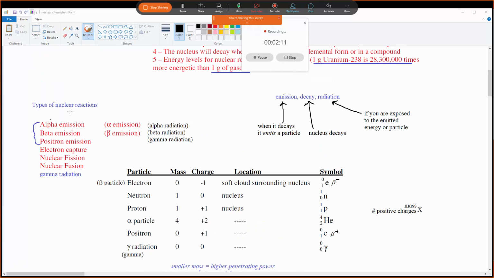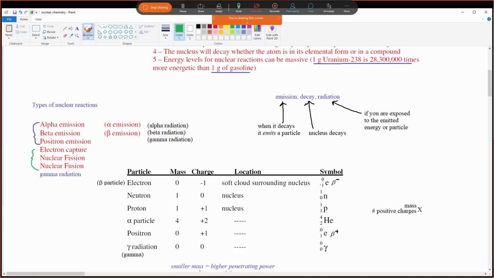All right, so today, what we are going to do is cover these three: electron capture, nuclear fission, and nuclear fusion. And when we finish with those, we're going to talk about half-lives and carbon dating. We're going to start though with these three types of nuclear reactions.